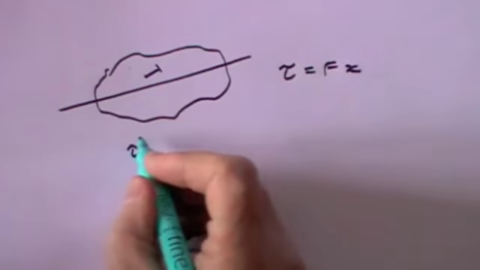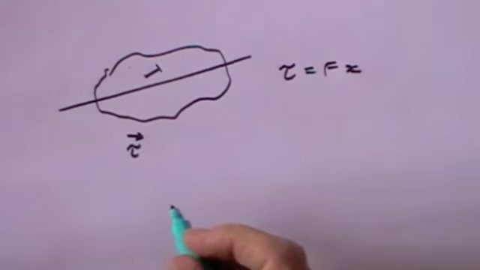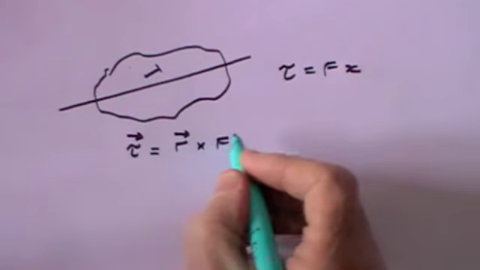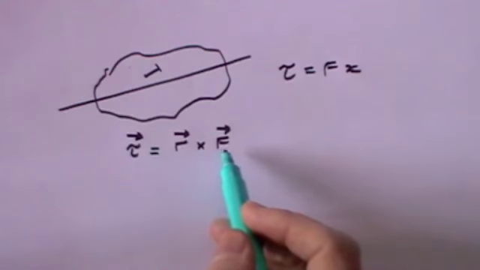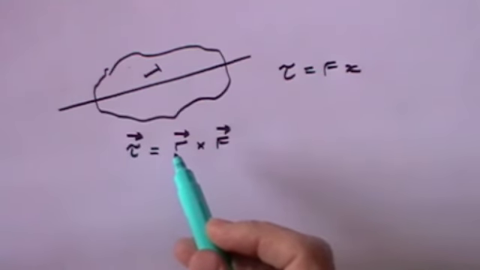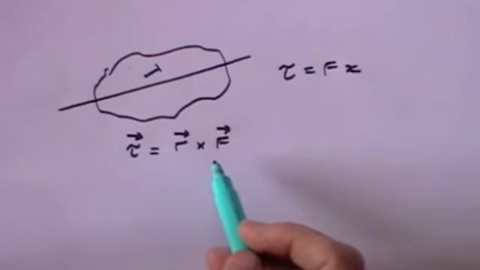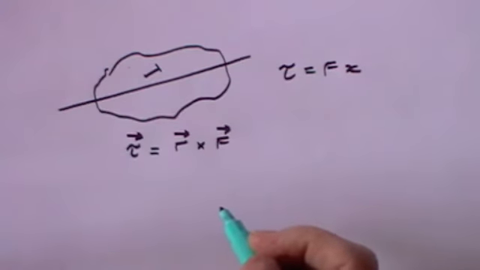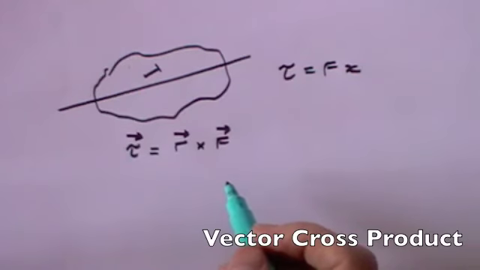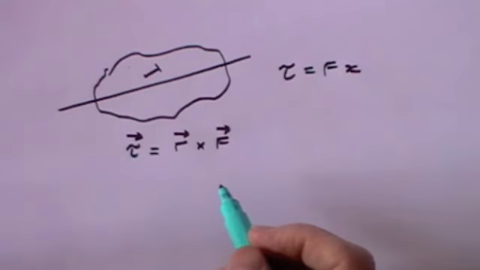When it comes to 3-dimensional objects, we now have to use vectors, and we say that the torque vector is equal to r cross F, where r and F are vectors. r is the vector distance from the application of the force to the axis, and F is the force itself. And this is what's called a cross product. It's a particular way of multiplying vectors.